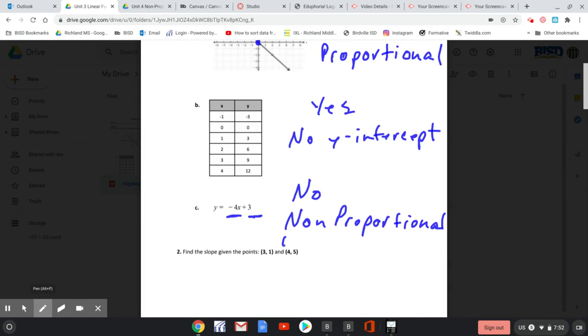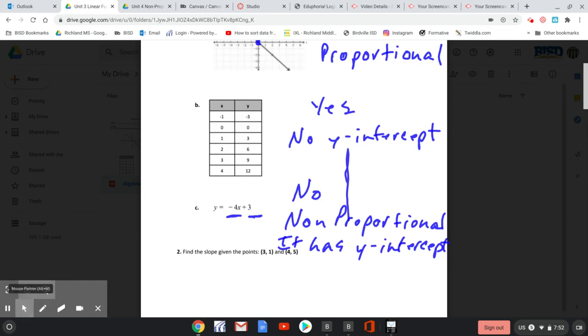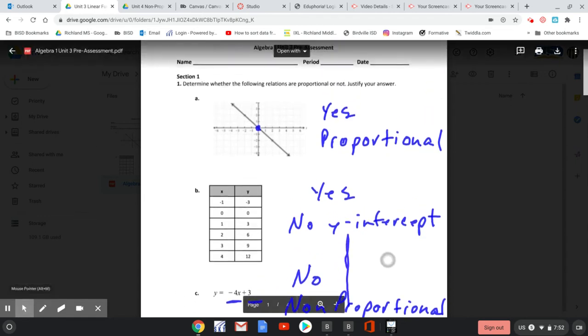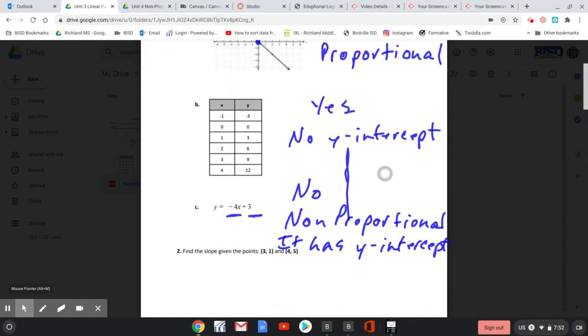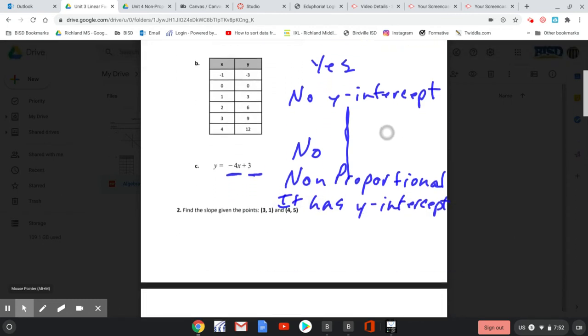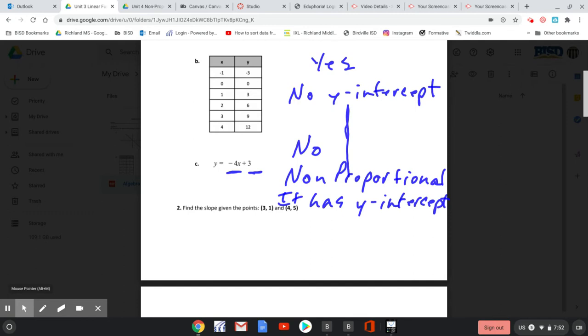Because it has a y-intercept. Okay. So A was proportional because it went through the origin, B was proportional because there's no y-intercept, and C is non-proportional because it has a y-intercept.